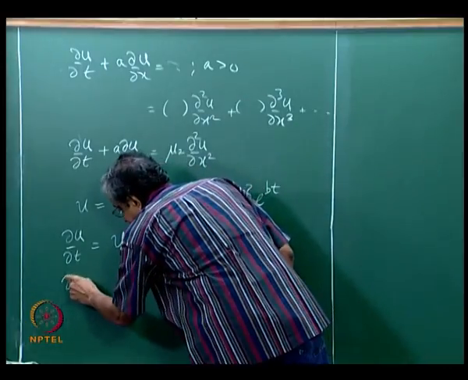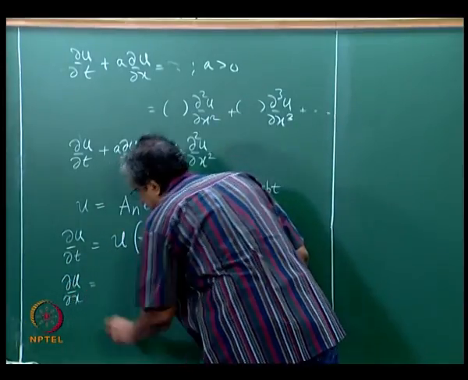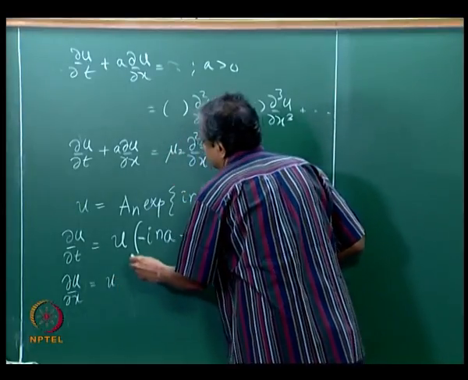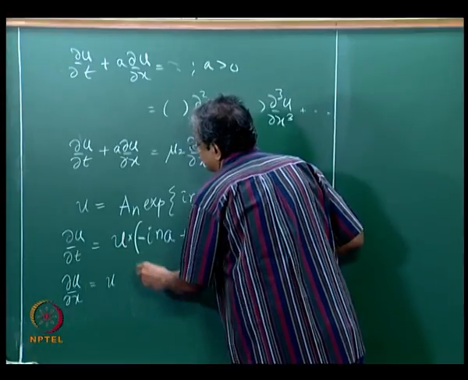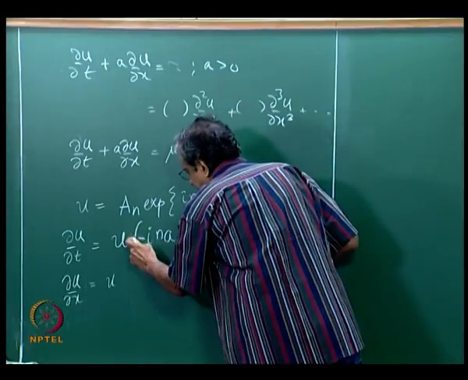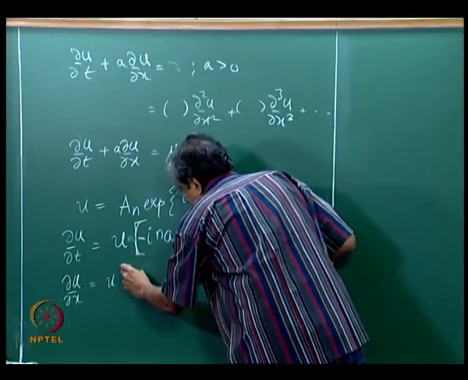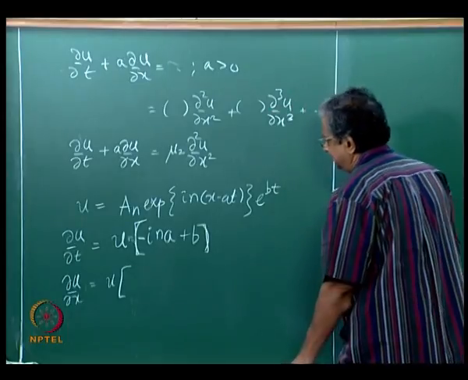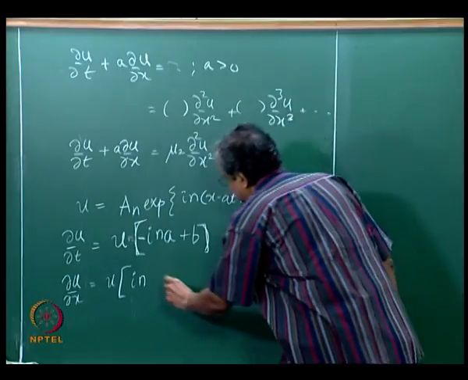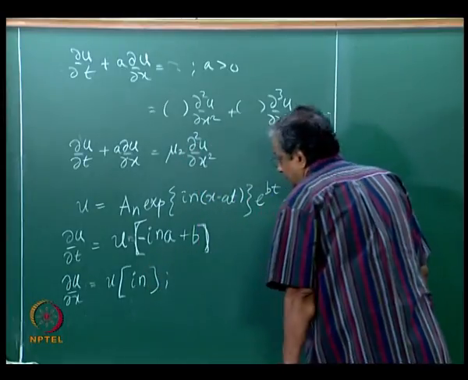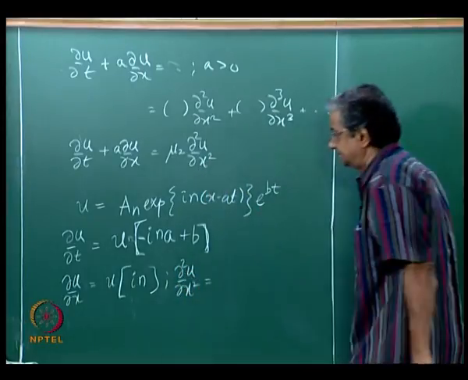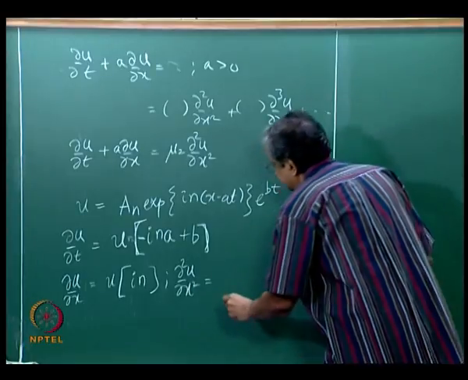What is ∂u/∂x? It is u times i n. That is it. What is ∂²u/∂x²?